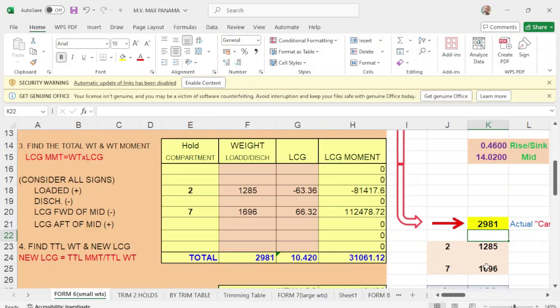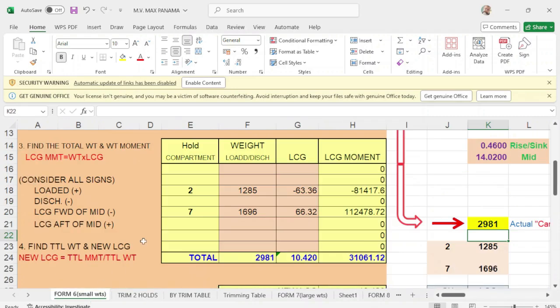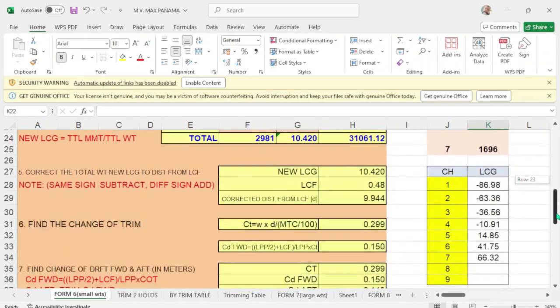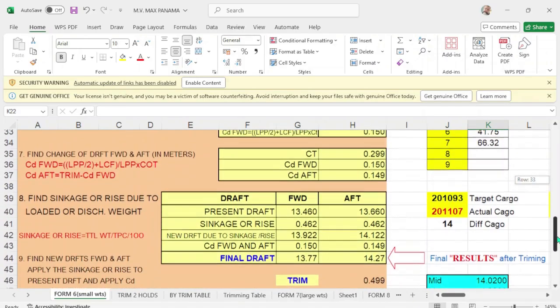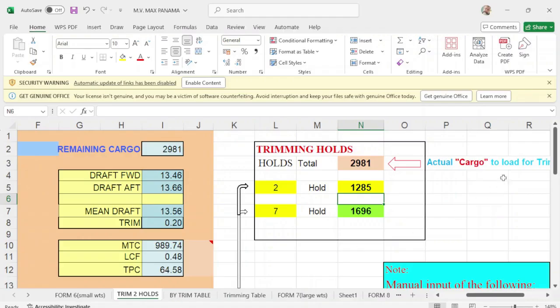You have here 1285. Put your LCG. This will be LCG moment. And number 7 is 1696. And your LCG moment, and your departure drop would be forward is 1377, which is the same here.